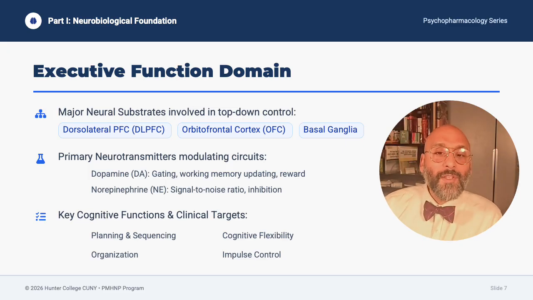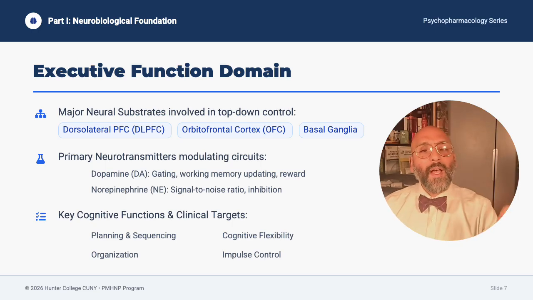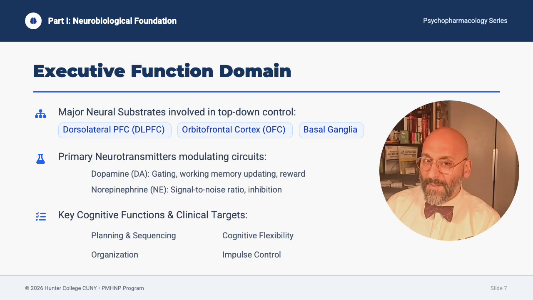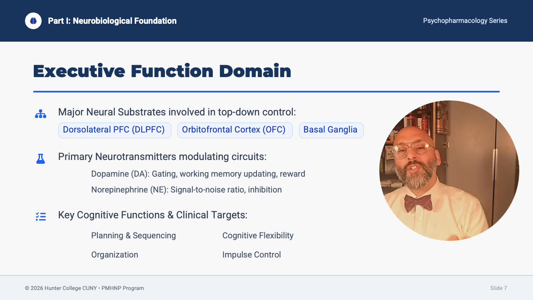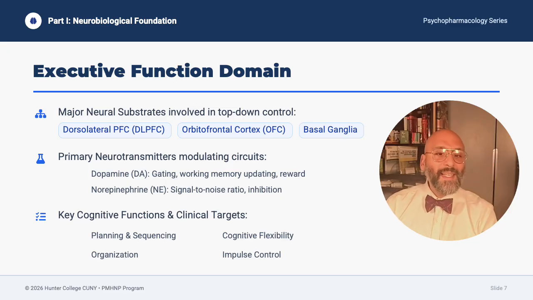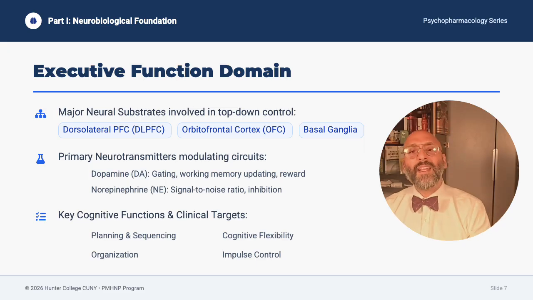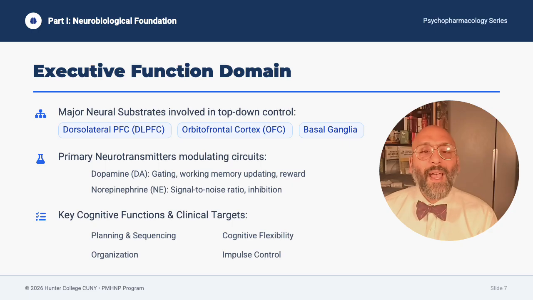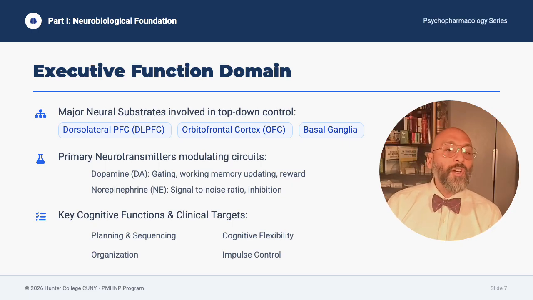The orbitofrontal cortex, the OFC, evaluates reward, punishment, and social appropriateness. So this is where impulse control and decision-making under uncertainty live. The basal ganglia act as a gating system, deciding which actions, thoughts, or impulses are allowed through and which are suppressed.